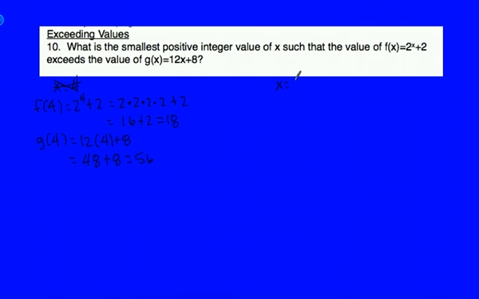So let's go with 7. So if we do 7, we're going to do f of 7 equals 2 to the 7th plus 2. 2 to the 7th means 2 times itself 7 times.